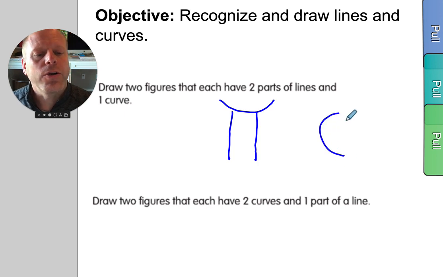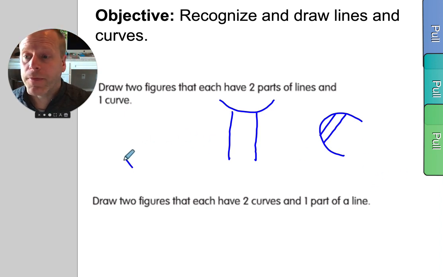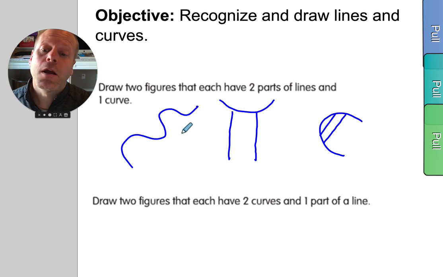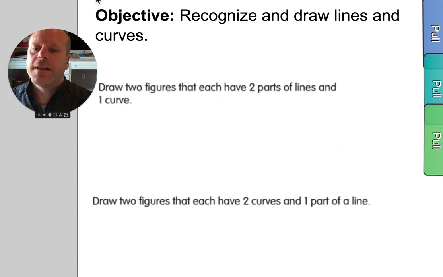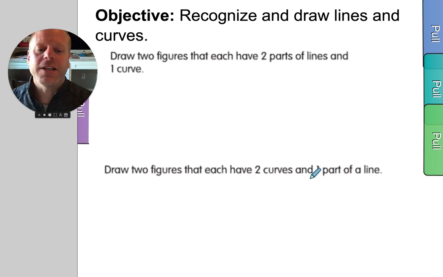I could do a curve like this, and then I could put 1, 2 lines like that, right? I could do something like that, right? So just think about it. Lots of right answers. This next one is a little bit harder to think about because I need 2 curves and 1 line.